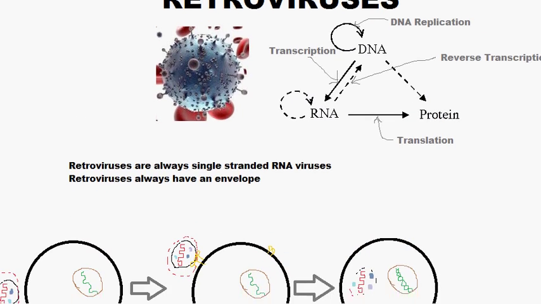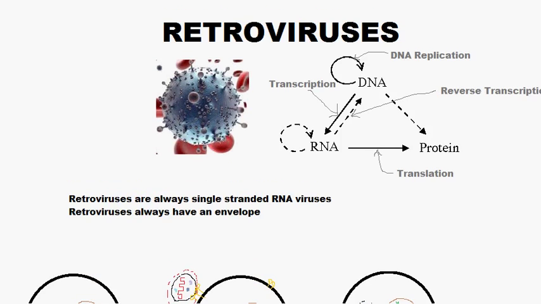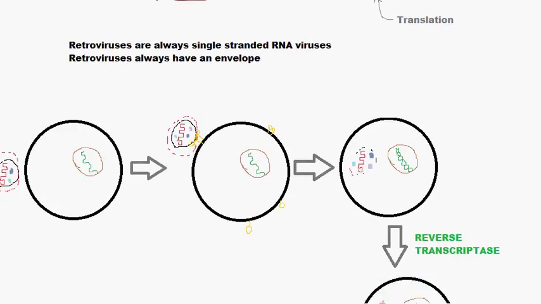I hope it is clear now. So in this process, some of the viral DNA will be converted into viral RNA. That is the process of transcription, and then it will also be able to translate itself. So the viral RNA will use the cell's machinery to convert itself into viral proteins, and then again these proteins will assemble and make more viruses.